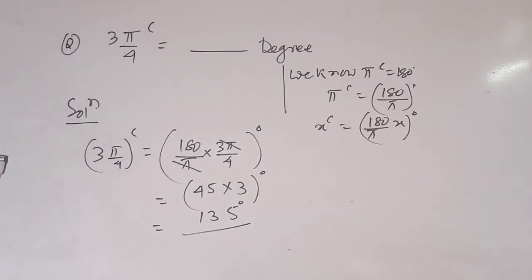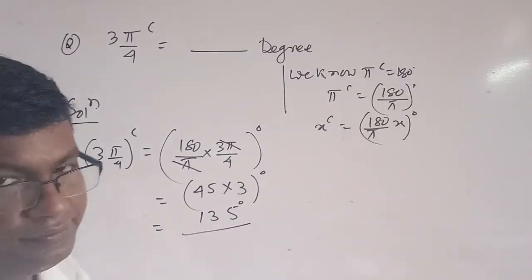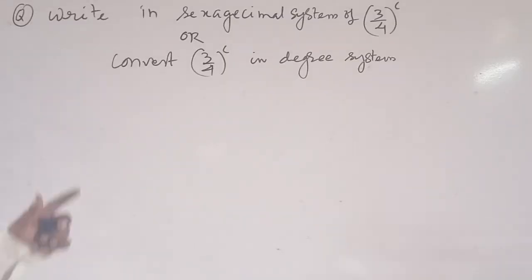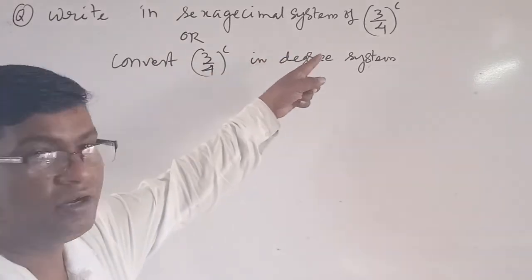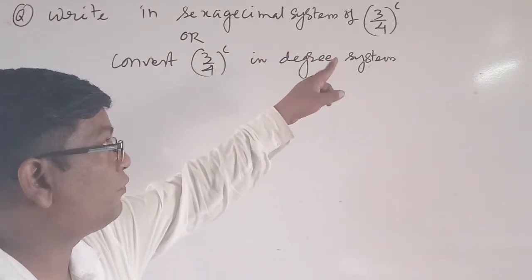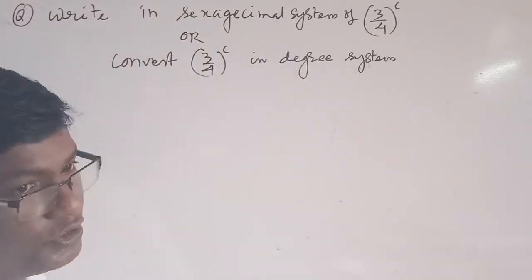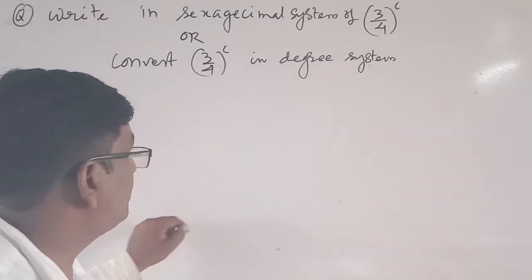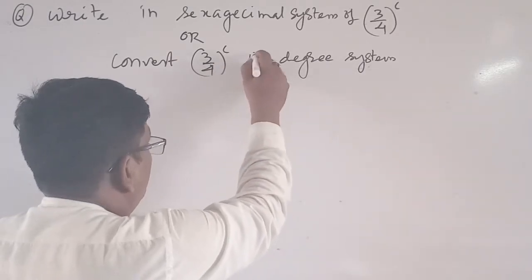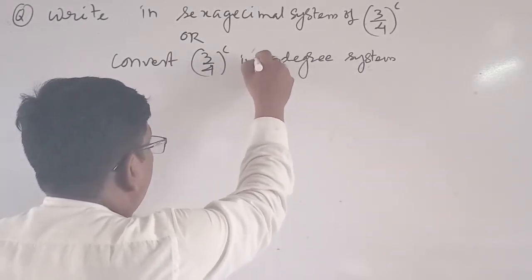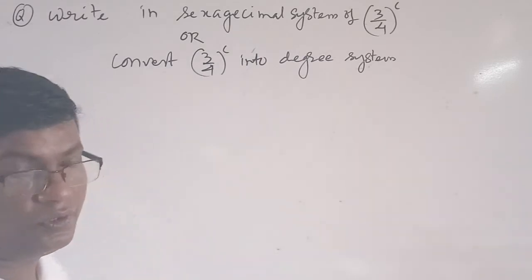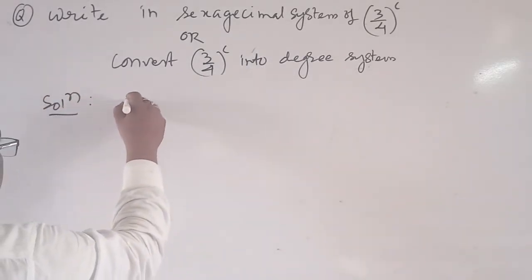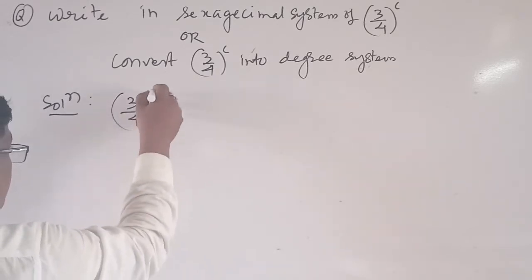Okay, now one more question. The question is, write in sexagesimal system of 3 by 4 radian, or the question may be, convert 3 pi by 4 radian into degree form, into degree system. Okay, so solution is: 3 by 4 radian.